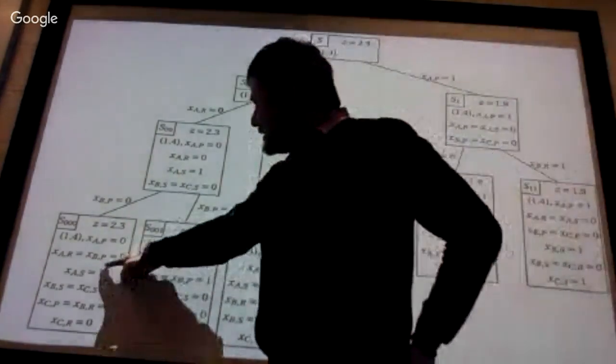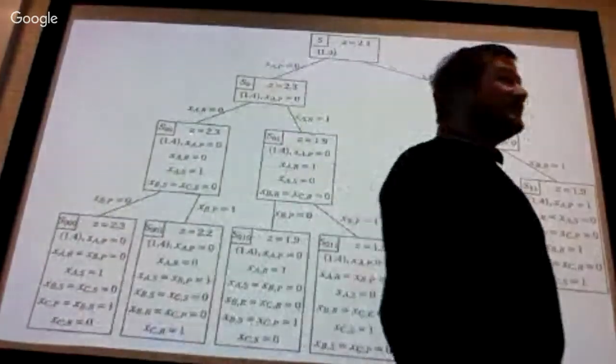I'll probably check that I'm getting the right values of the objective. So on the left, we get AS and BR and CP, and that really gives me 2.3.